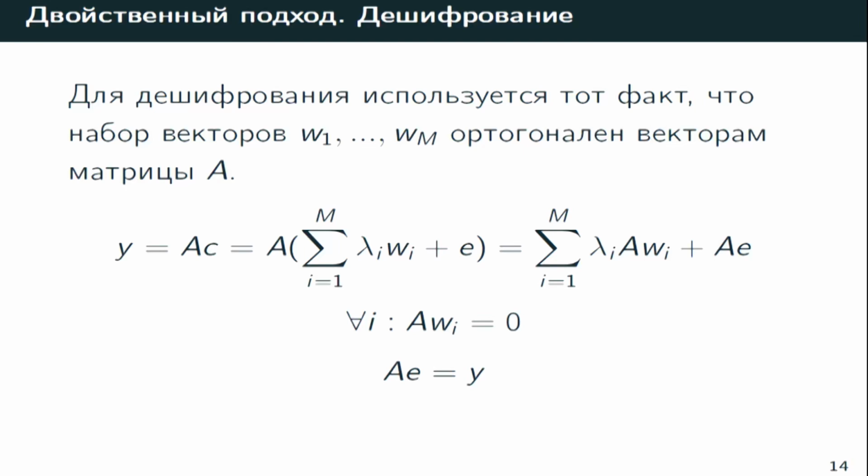By multiplying the matrix, we have zero vectors, so we end up having the same system, AE equals Y.